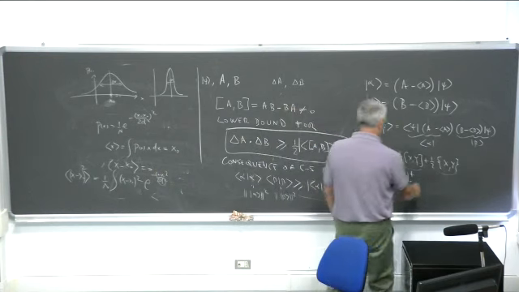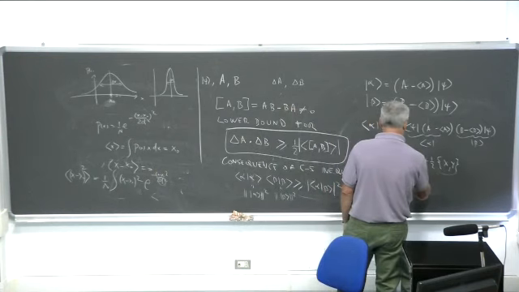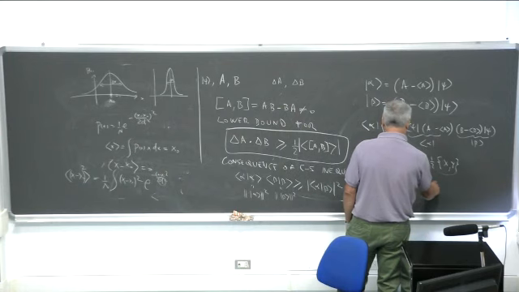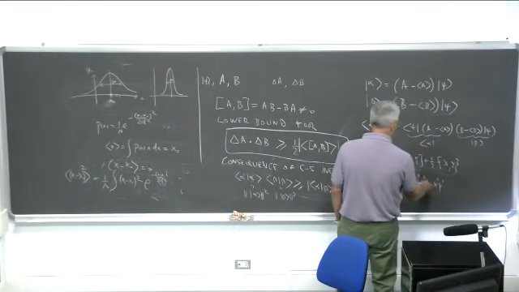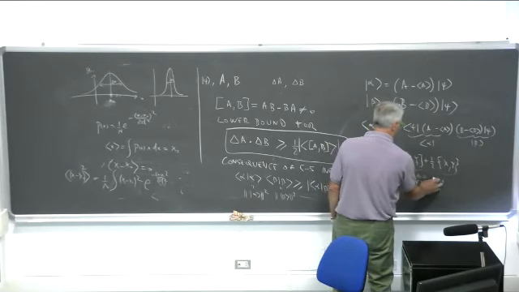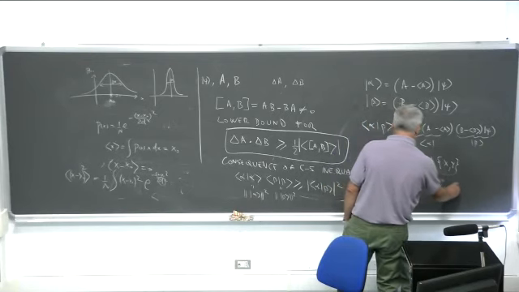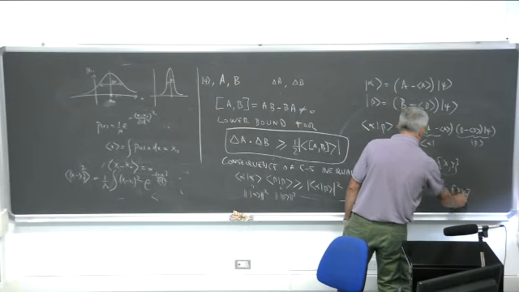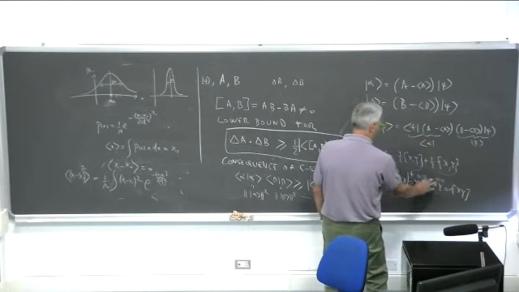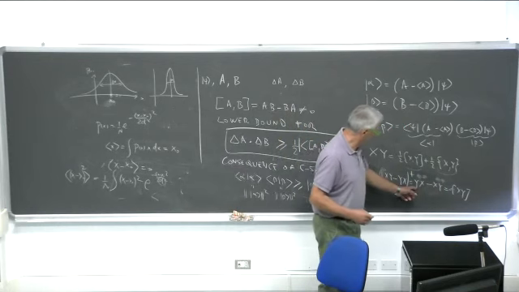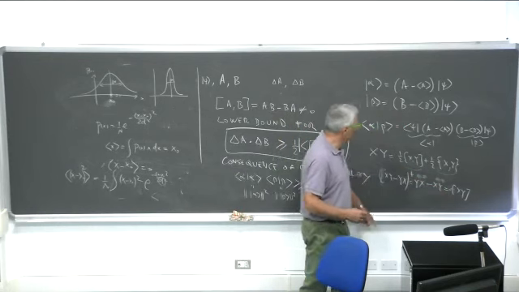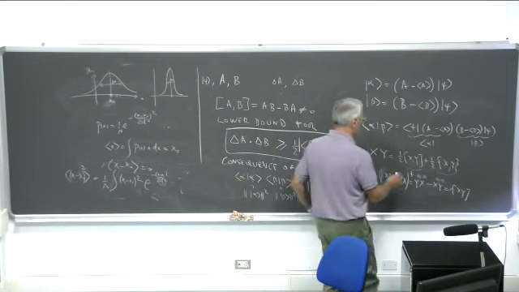This is yx minus xy, right? Dagger, but these are Hermitian, so the dagger is removed. And this is minus the commutator, right? So this is anti-Hermitian.